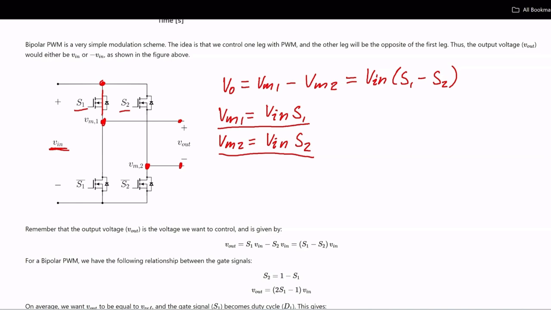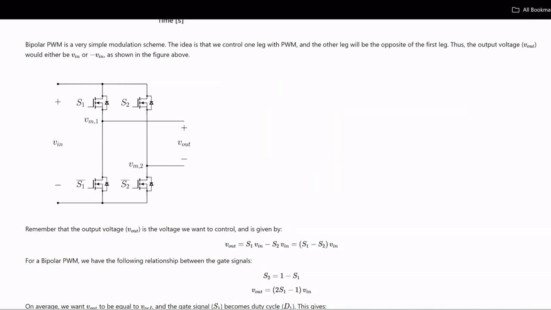So now, the basic principle of the bipolar PWM is that the gate signal S2 is the opposite of the gate signal S1. So it's 1 minus S1. I'll just clear it up to get rid of what we don't need. So S2 is equal to 1 minus S1.